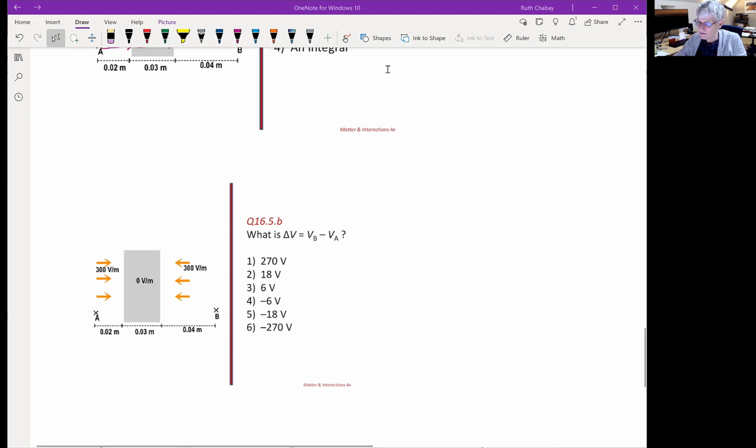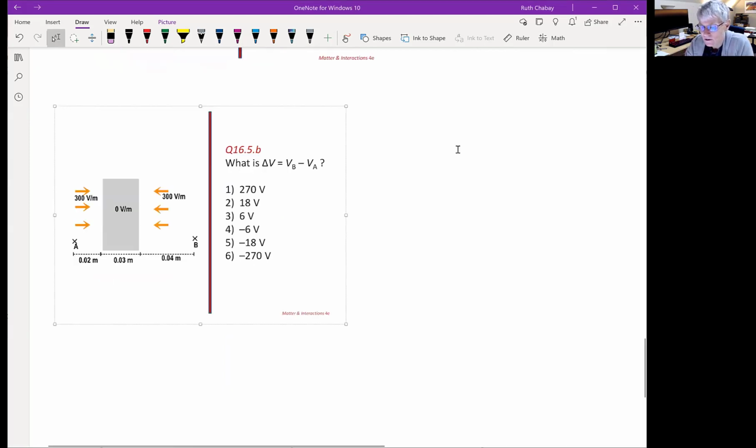It's okay, so we are very shaky on signs. The plus 6 volts and minus 6 volts are pretty much equally popular. So I think we probably better work it out.